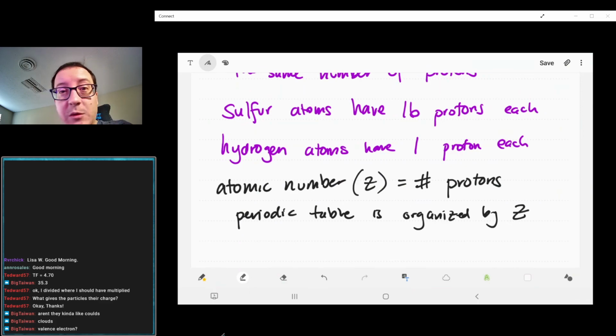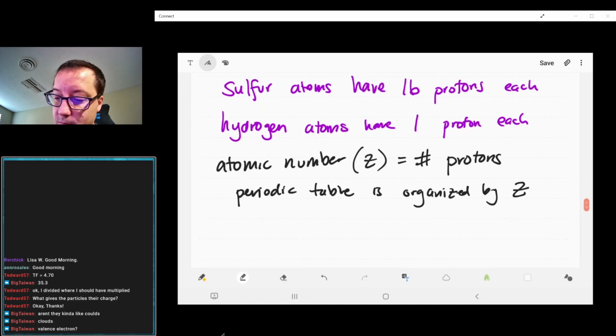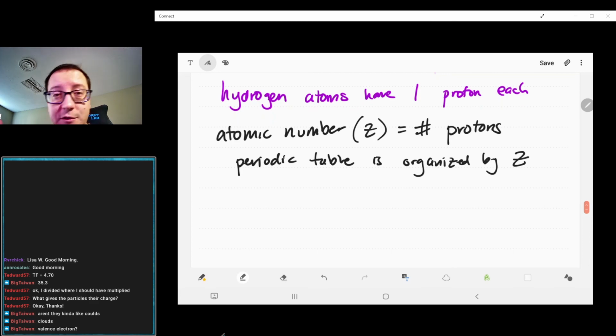And so we're going to be able to identify different elements by their number of protons. And if we wanted to figure out how many that was, we would just look on the periodic table. Here, let's do it.